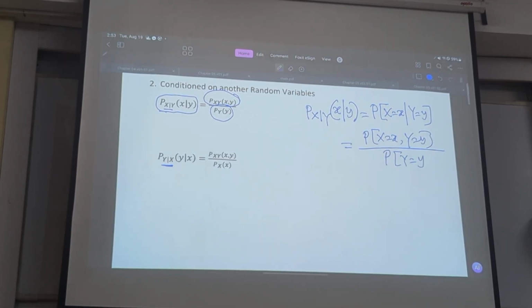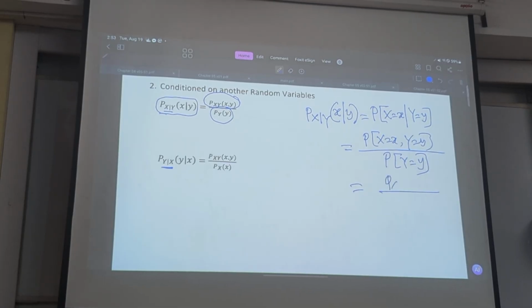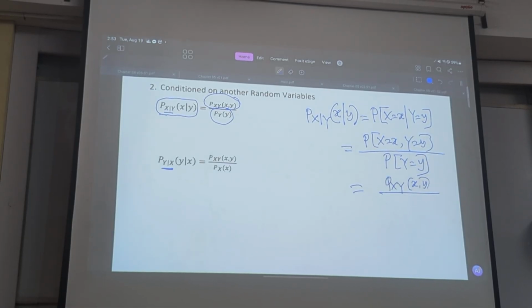The probability that Y. And the upper one is the joint, and the lower one is the marginal value of y. So this equation is like that. Very simple. The rule is very simple, right?